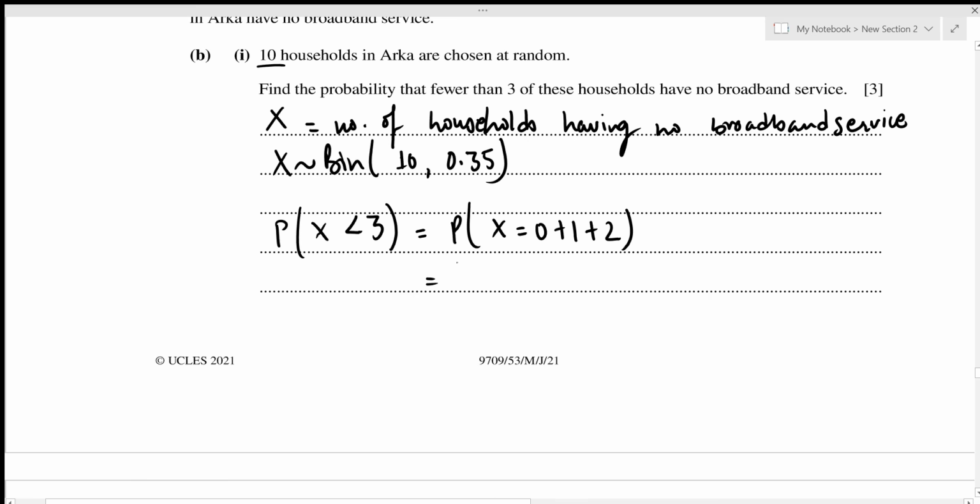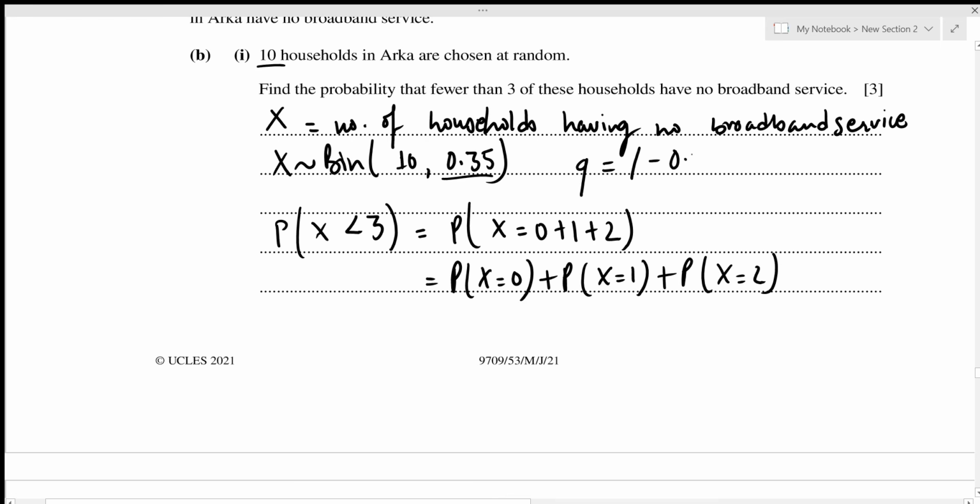So this is going to be probability X equals 0 plus probability X equals 1 plus probability X equals 2. Now let's just use the formula for binomial distribution, but we know that P is 0.35. Let's just figure out the value for Q as well. That's going to be 1 minus 0.35, which is 0.65.